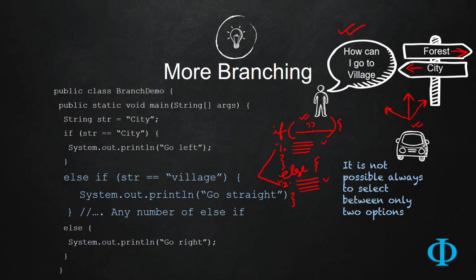So these types of scenarios are pretty common, right? In a Java program also, it is possible to select one code sequence or one instruction sequence among many different ones. And if you want to introduce more branches, that is more than two branches in your Java program, you have to use else if in your program.